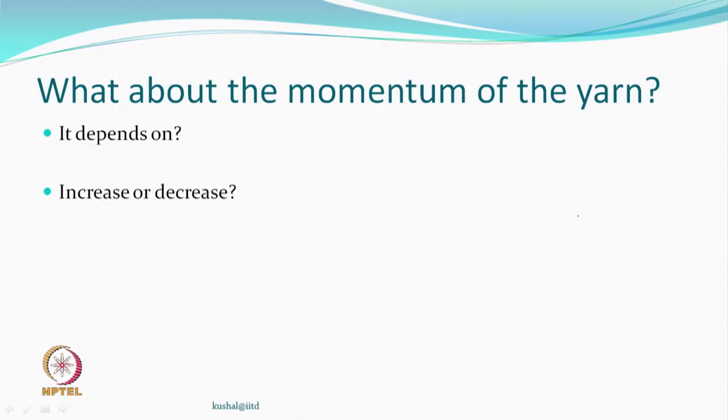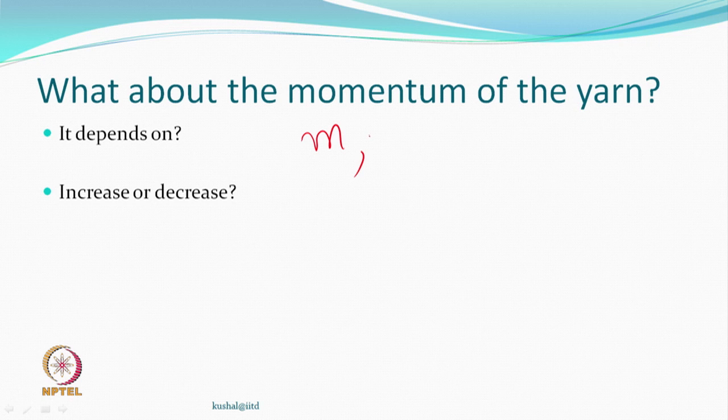Now, the yarn is also moving with some velocity. So, there is another term which we may like to talk about, the momentum of the yarn. Momentum depends on the mass and the velocity. Right. So, will the mass improve?